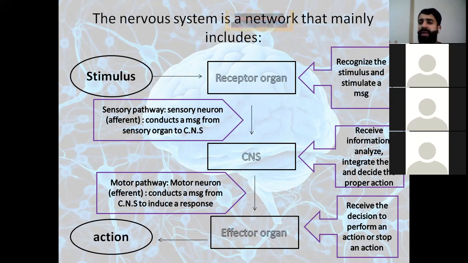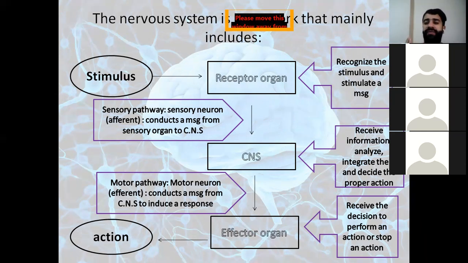It should be carried by a special taxi. I call it the sensory neuron or the afferent. It carries from the sensory organ or the receptor organ, the same concept, to the CNS. The CNS analyzes it, integrates it, and takes the proper action.